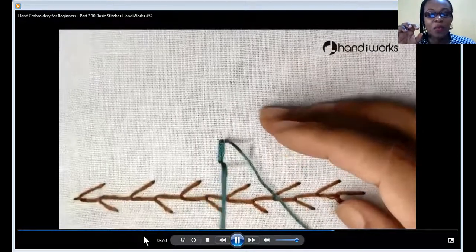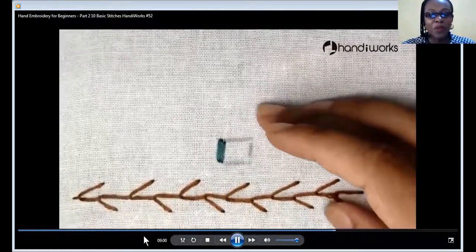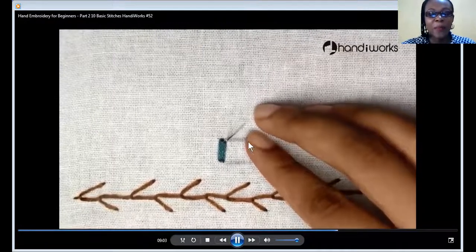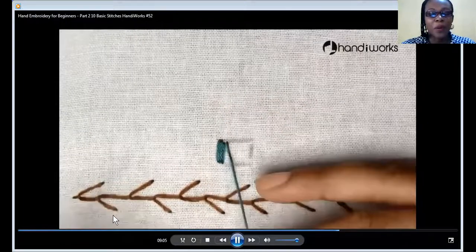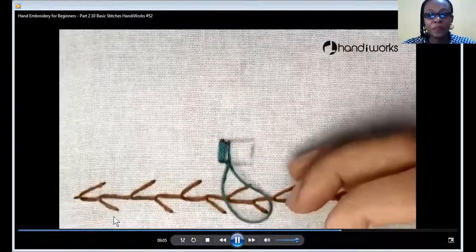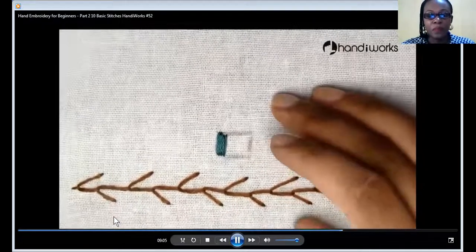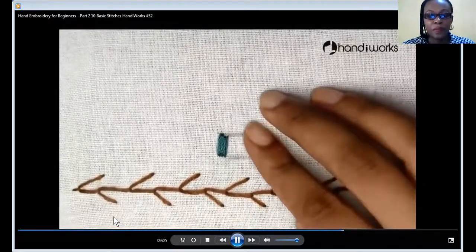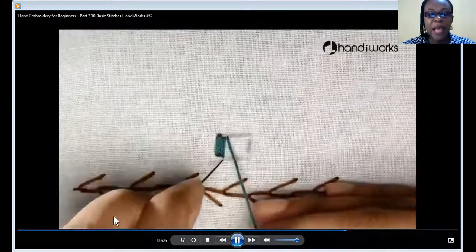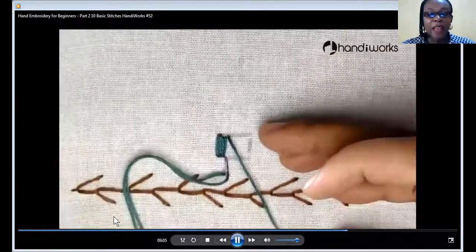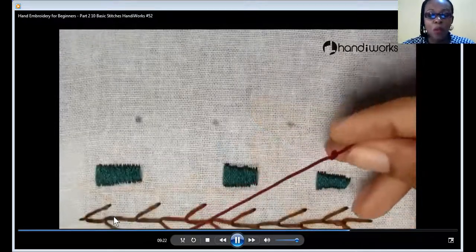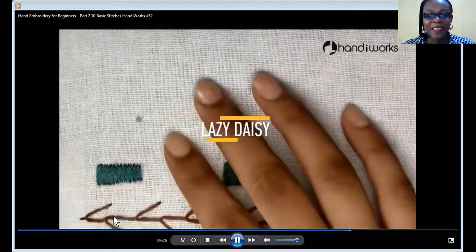Watch with me. Sewing it in between the box. Lovely. That is stem stitch. She's done with stem stitch.